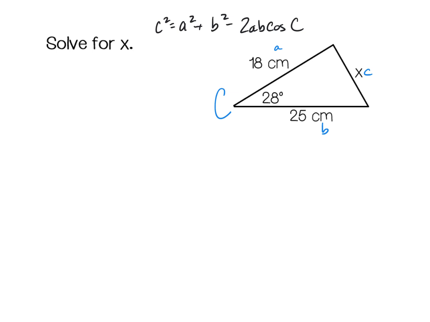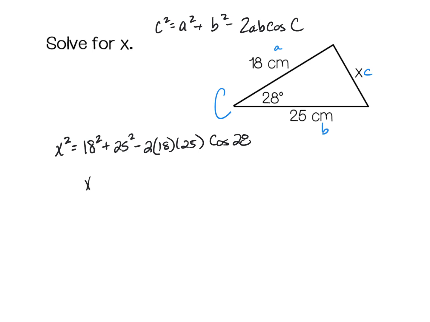Let's set this one up. I have C squared, which in our case is X, equals A squared plus B squared, so 18 squared plus 25 squared, minus 2 times A times B. That's just the 18 and the 25, times the cosine of my angle C, which is 28. Again, I'm just going to type this in all at once: 18 squared plus 25 squared minus 2 times 18 times 25 times the cosine of 28.